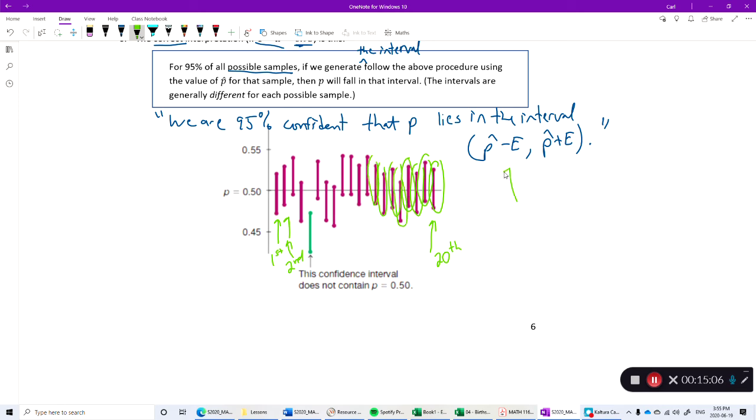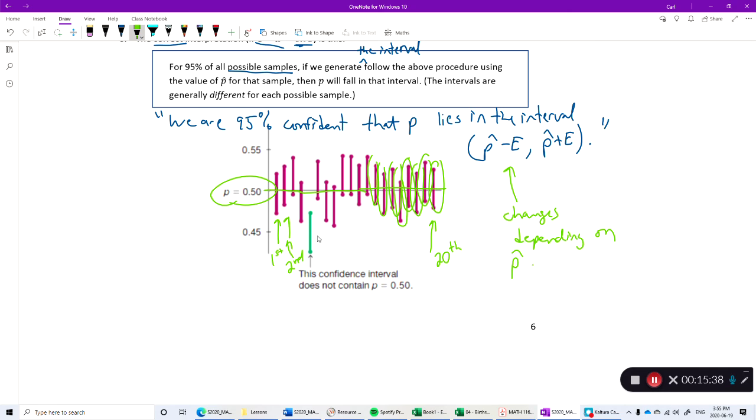This interval here changes depending on p hat, whereas the true value never changes. The true value is just what it is. But what we're saying is that for 95% of all these different samples, all the different confidence intervals, 95% of them contain the truth.